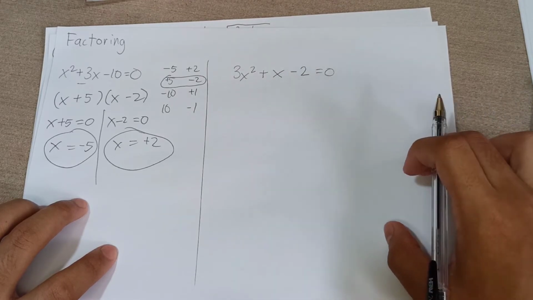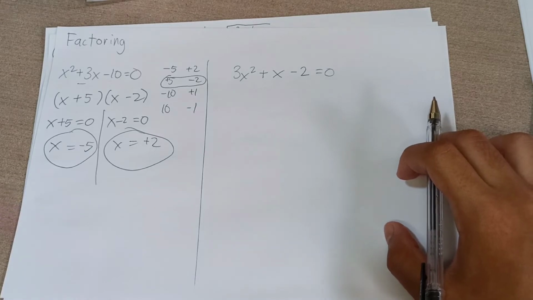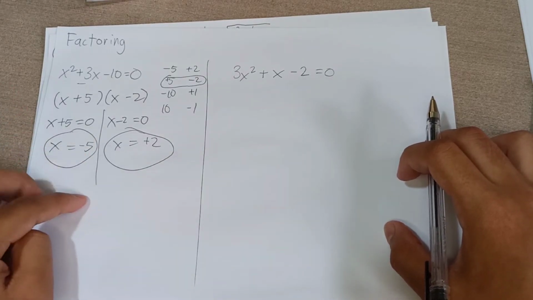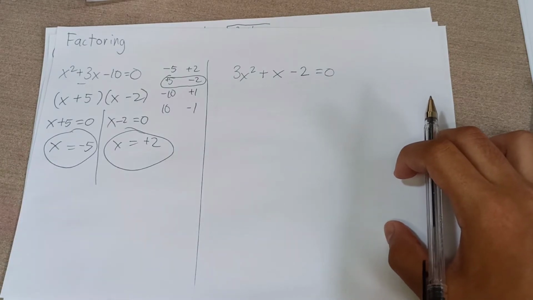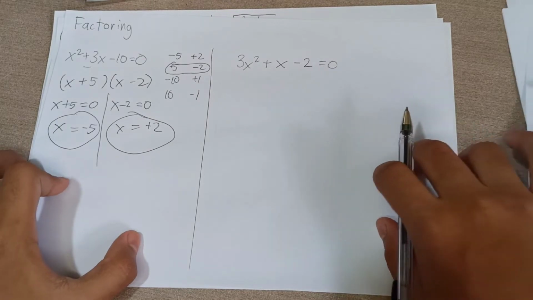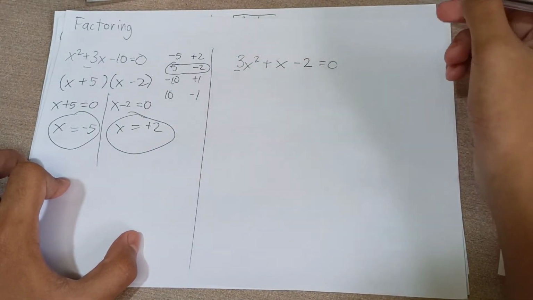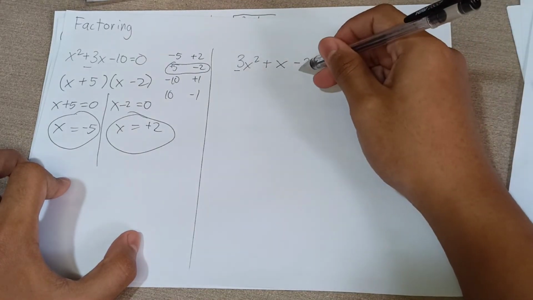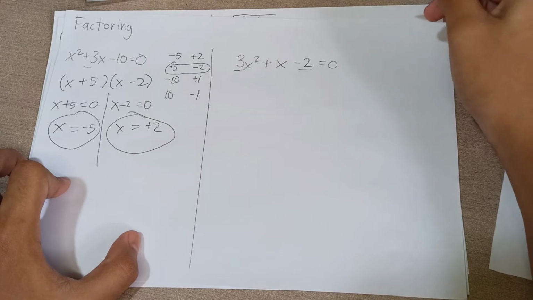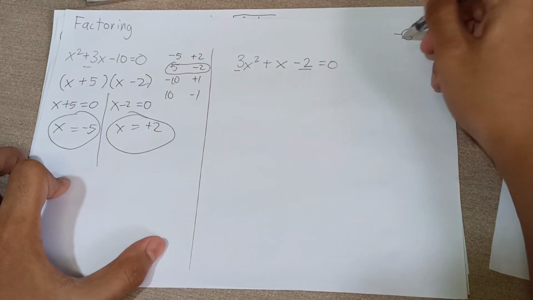Now let's proceed to the second equation. We cannot do the procedure that we did on the first equation because our a coefficient is 3. Our first step is to multiply the coefficient a to our constant, which is negative 2. Positive 3 times negative 2 is equal to negative 6.